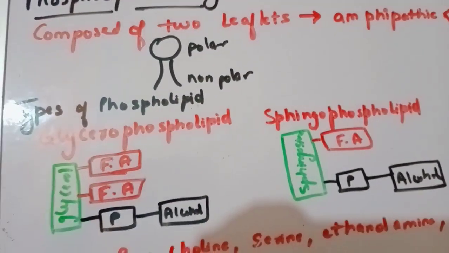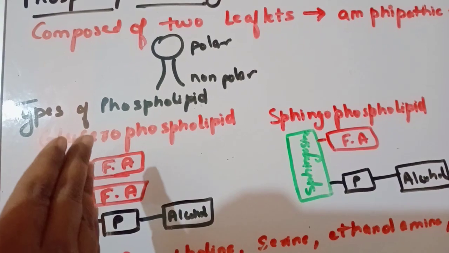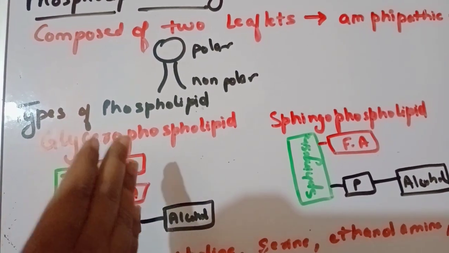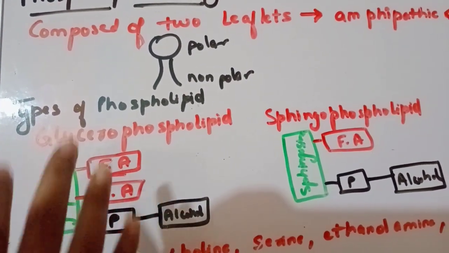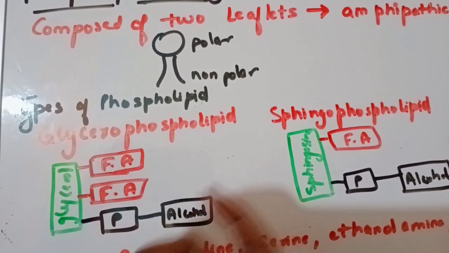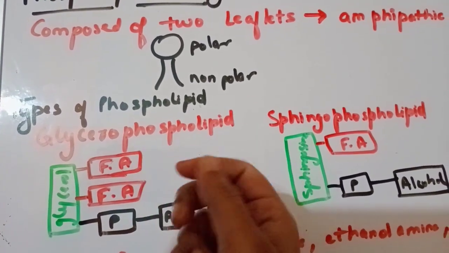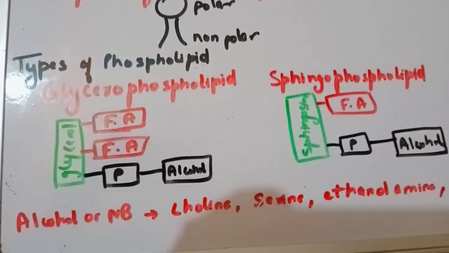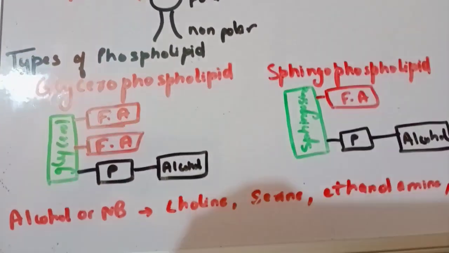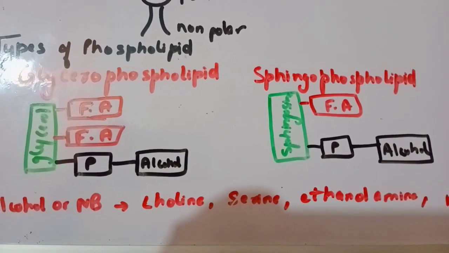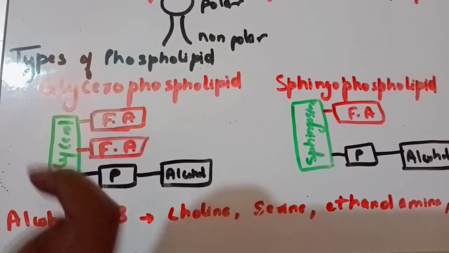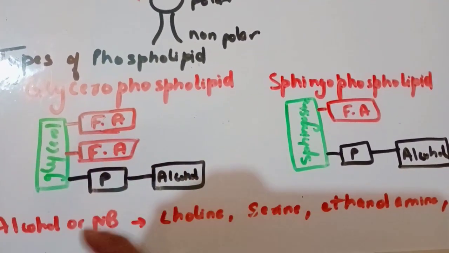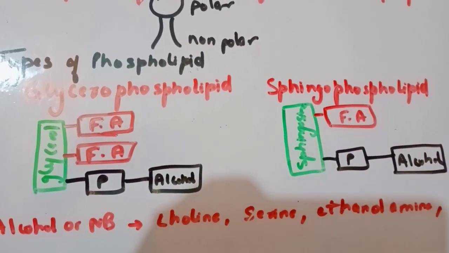Types of phospholipid. If we break this term into two parts, phospho plus lipid, phospho represents the phosphate group and lipid represents fatty acid chains. Types of phospholipids are glycerophospholipids and sphingophospholipids.